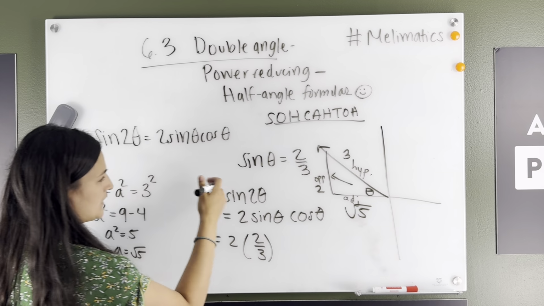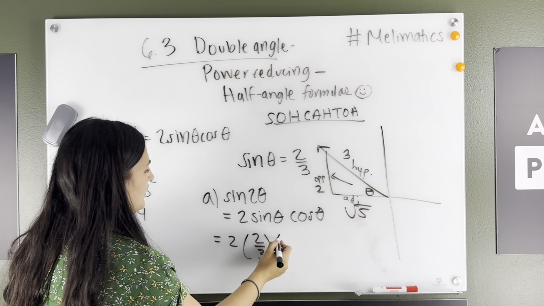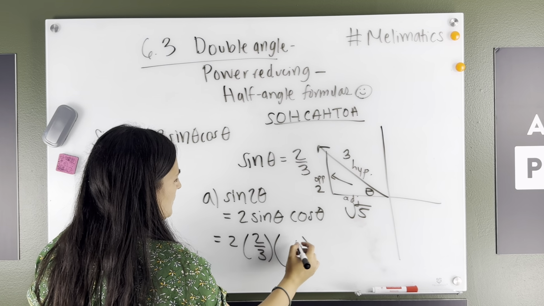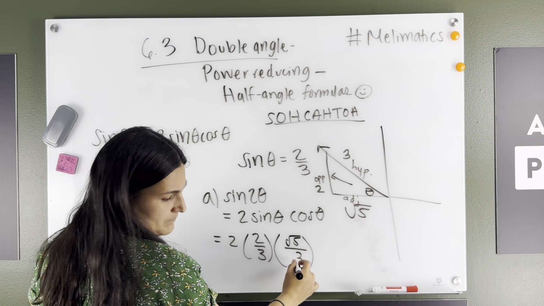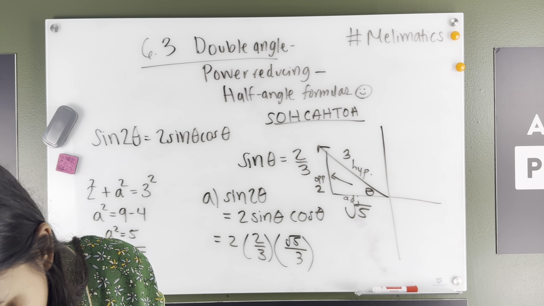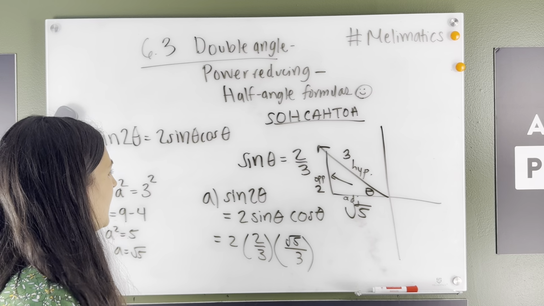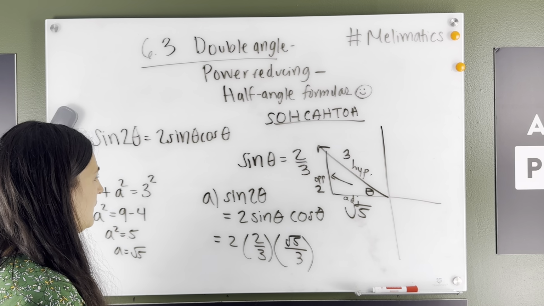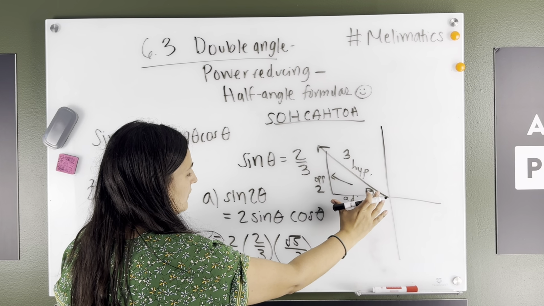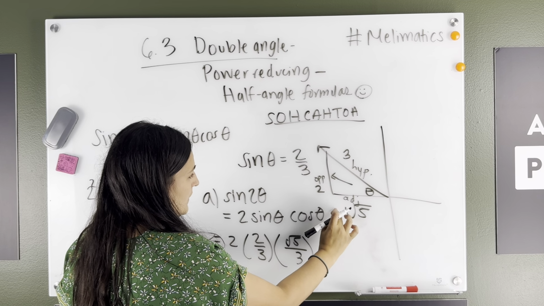Okay, and then based on that, you can get the cosine. So you might as well finish it this way. So cosine is adjacent over hypotenuse, so it's going to be the square root of 5 over 3. But remember that technically, let's make sure we label this correctly. Remember that in the second quadrant, cosine is always negative.